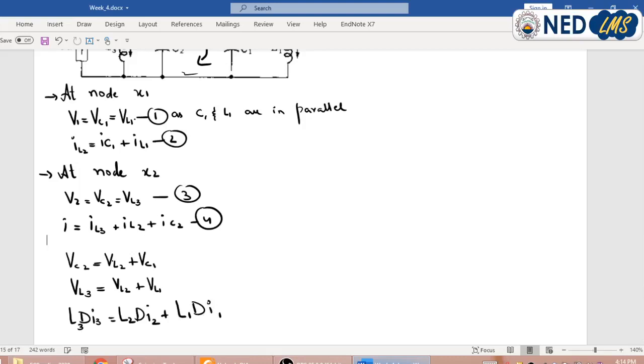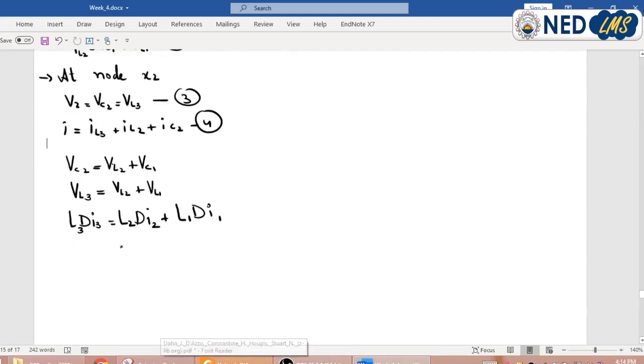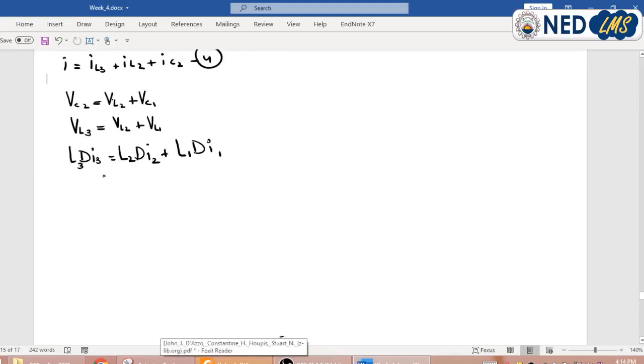So in this whole equation, every term involves the derivative operator.